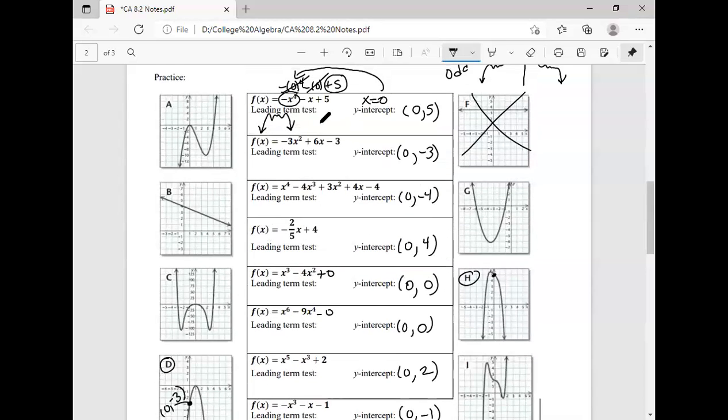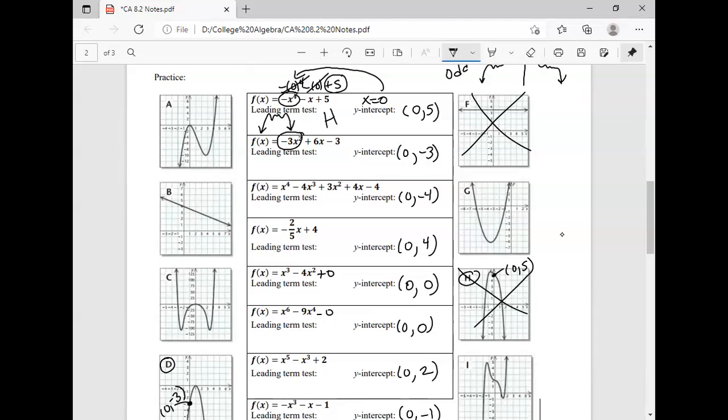Did I skip one? Oh, sorry. I was doing the second one. Thank you for catching that. 0, 5, right, is the y-intercept facing down. That's my fault. So this one does have a y-intercept at 0, 5. So H on that one. It's facing down. Y-intercept is at 0, 5.